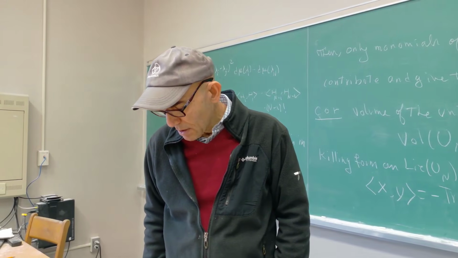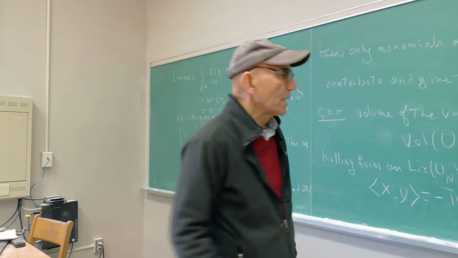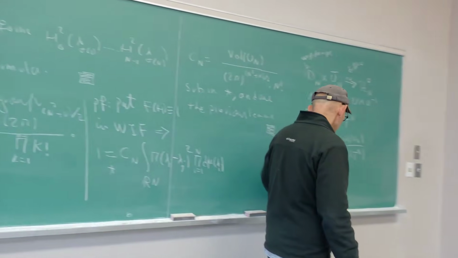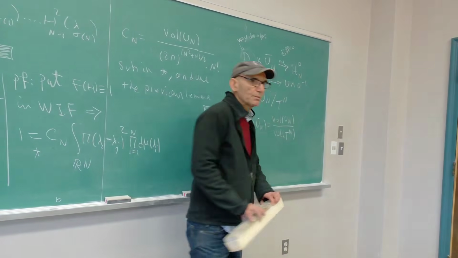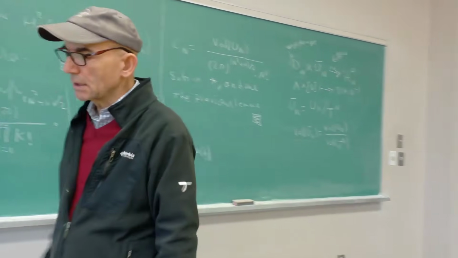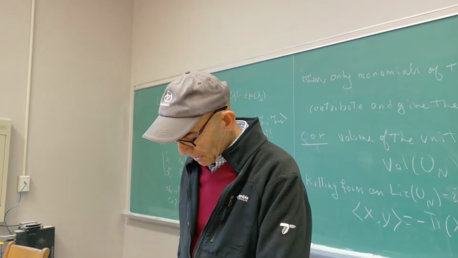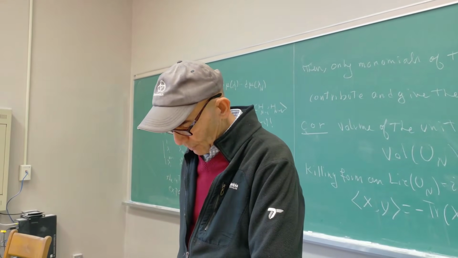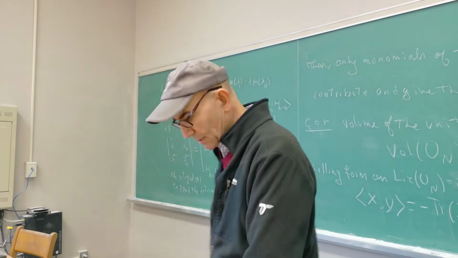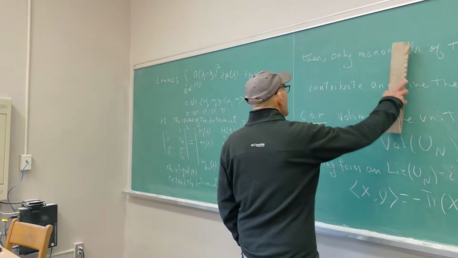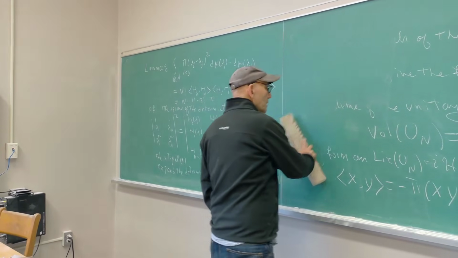Now, another immediate calculation is this Zagier theorem that I mentioned. I indicate how to prove it, but maybe I won't be able to prove it completely today, but let me indicate what it is.